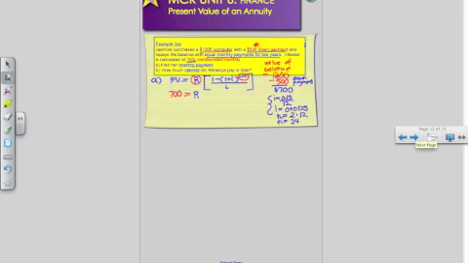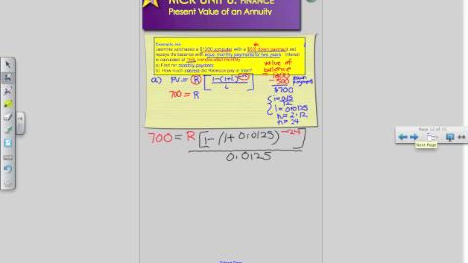Okay, these are the values I'm going to substitute into the formula. So let's write it again. 700 is equal to R times 1 minus 1 plus 0.0125 to the power of negative 24, and all of that is going to be divided by 0.0125.